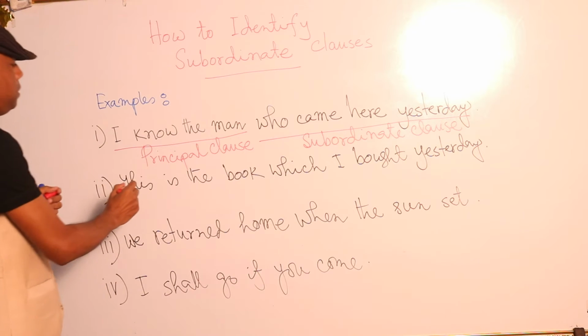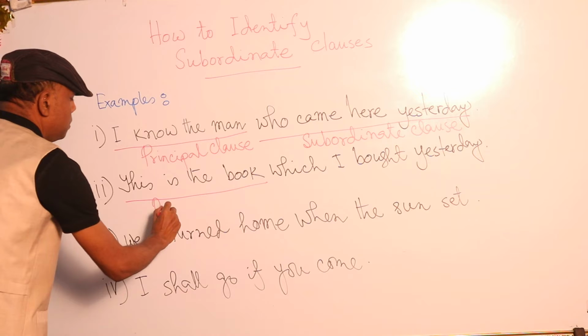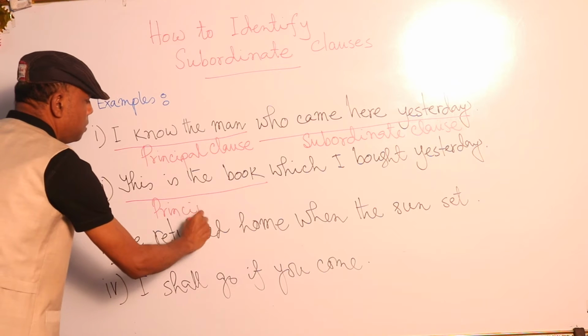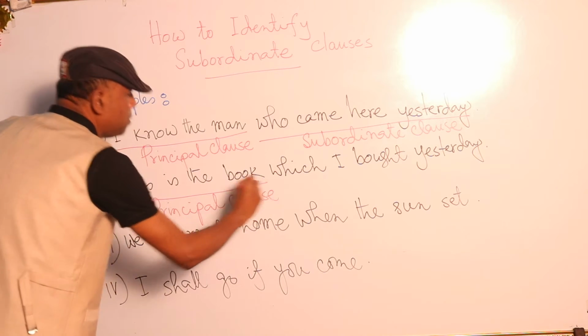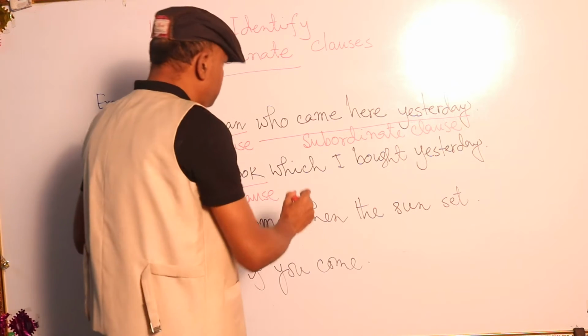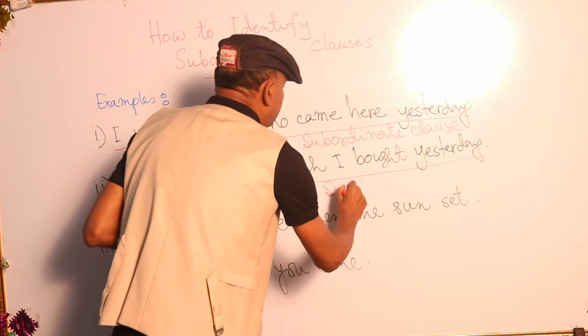Example 2: This is the book, it is a principal clause, which I bought yesterday, it is a subordinate clause.